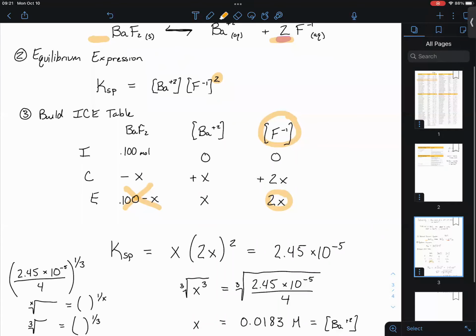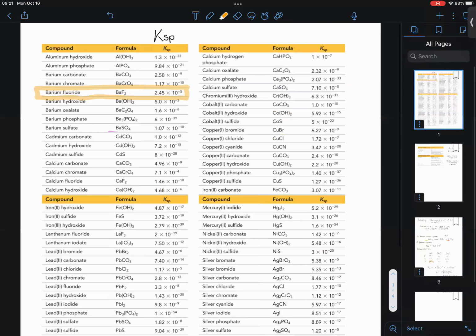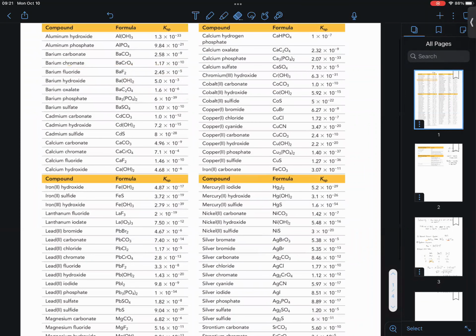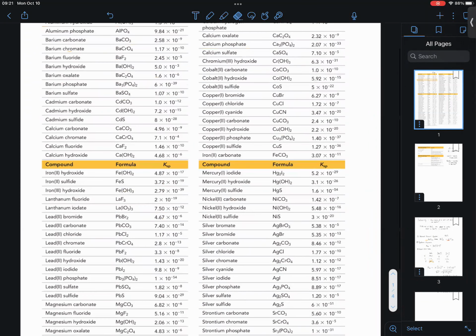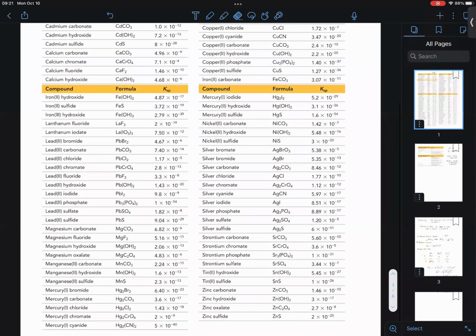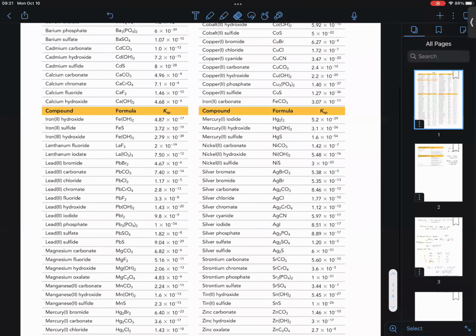So real quick, before we move on with the different type of problem that we can expect here, let's do one more of these Ksps. Let me do a good one though. There we go. Calcium phosphate.